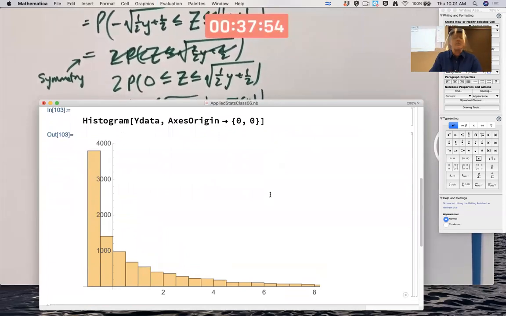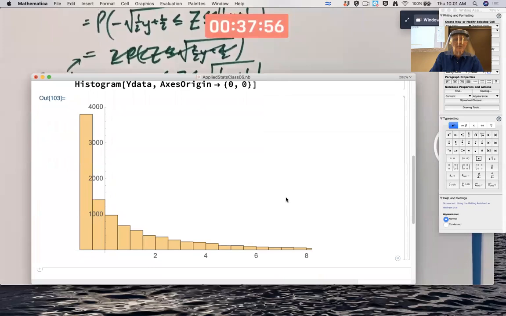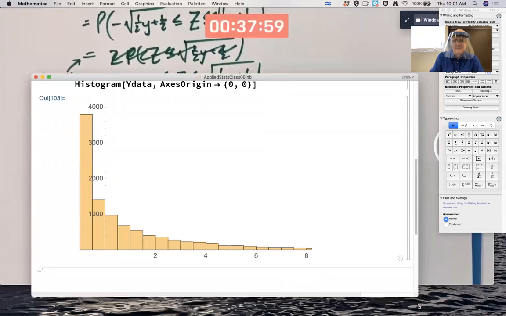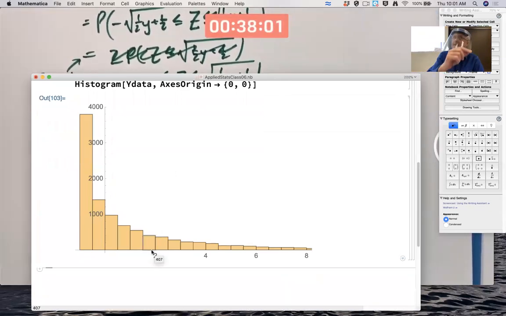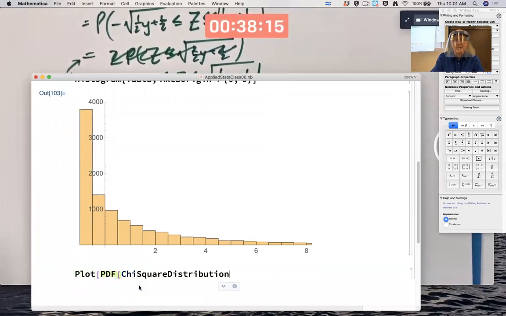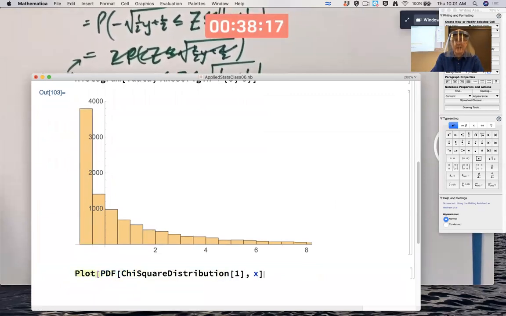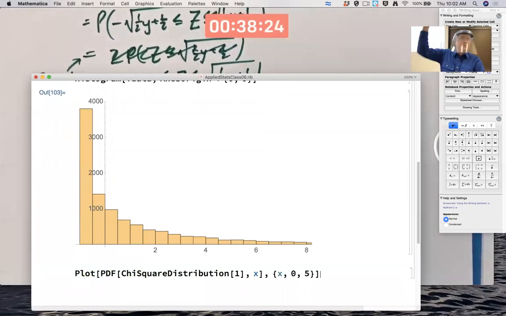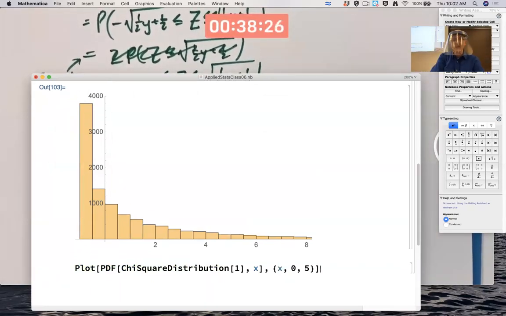Chi-squared with 1 degree of freedom. What does its PDF look like? Does it have that kind of shape? This one's not going down towards 0 near -1, right? It's a large tall bar there. If you plot the PDF of a chi-square distribution with 1 degree of freedom as a function of x, does it go up first and then down, or does it just go down like an exponential decay?